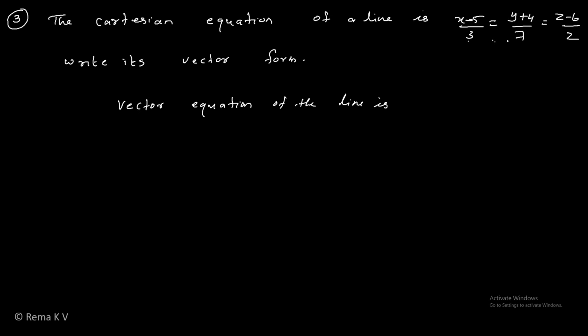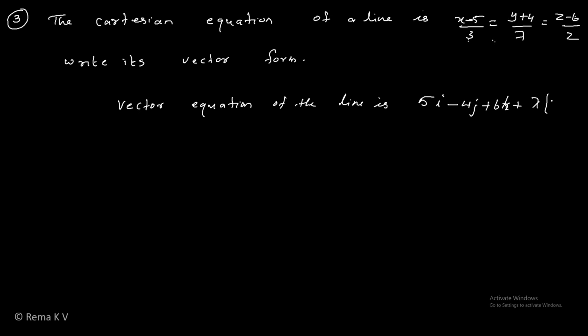Okay, it is 5i minus 4j plus 6k plus lambda into, this is vector a plus lambda b.